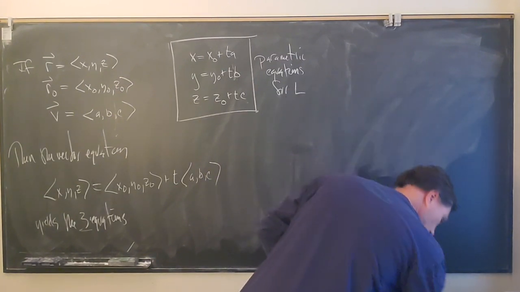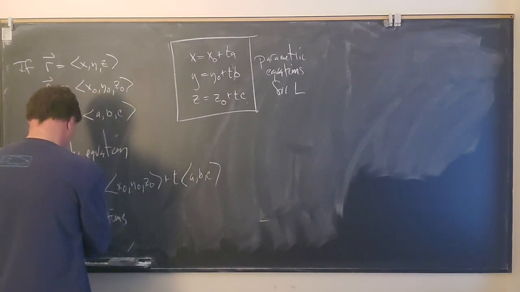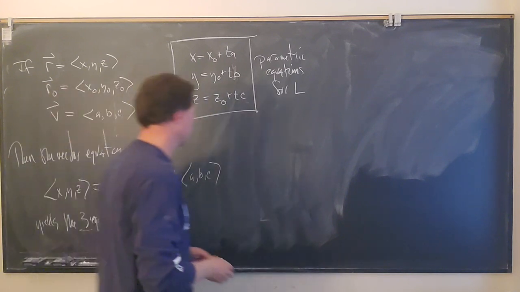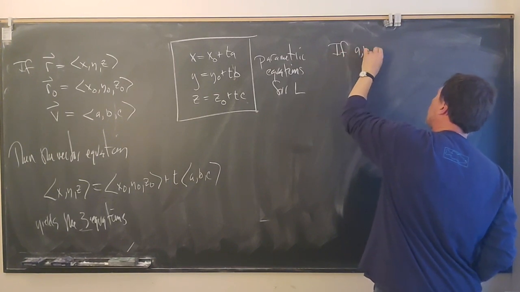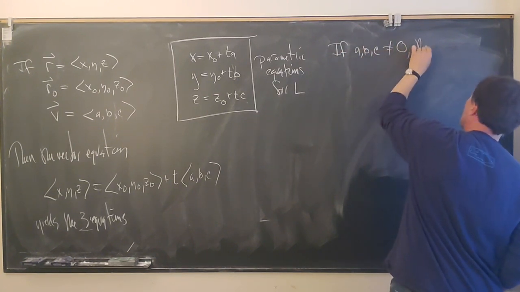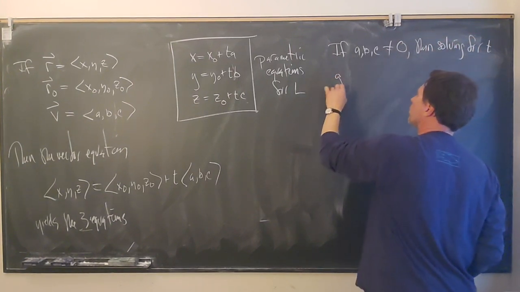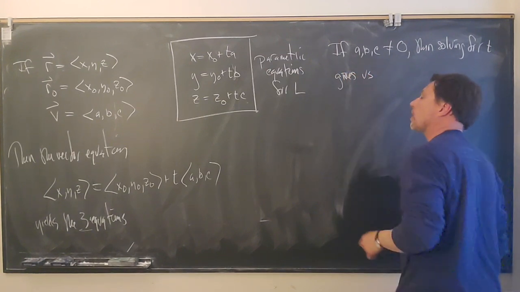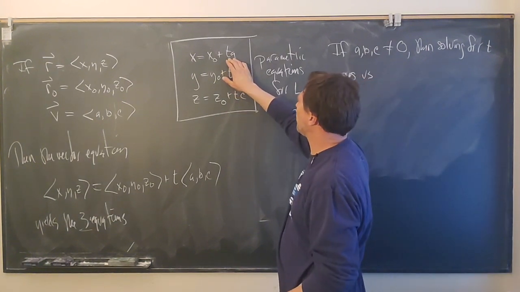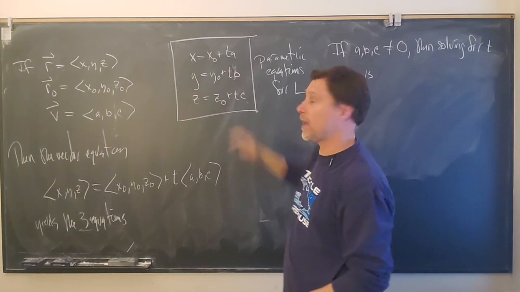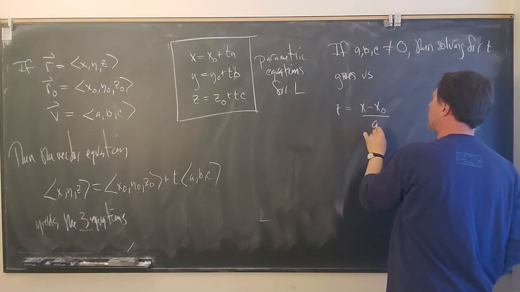Now, in the case that a, b, and c are non-zero, then I can actually solve for t. Solving for t in the first equation, I get t equals (x minus x0) divided by a.